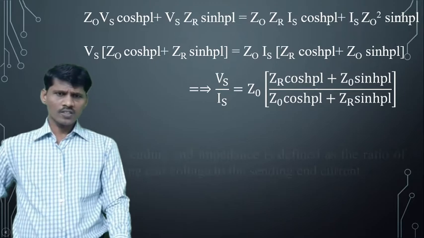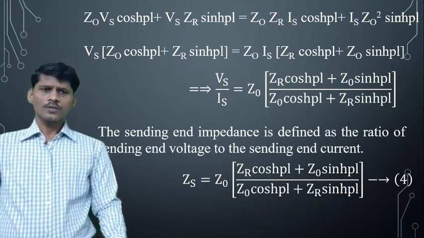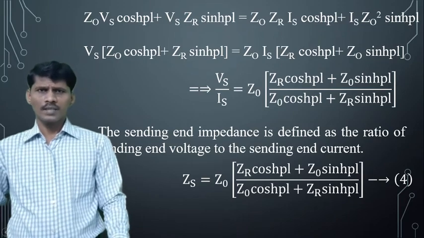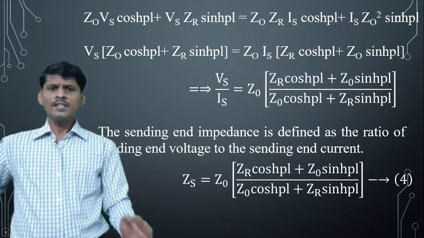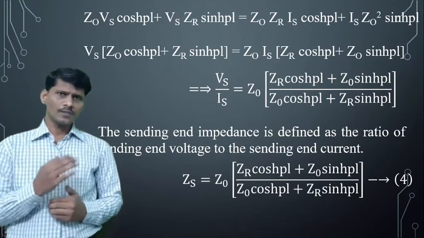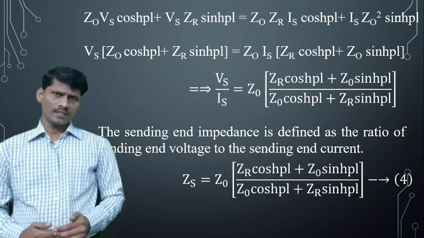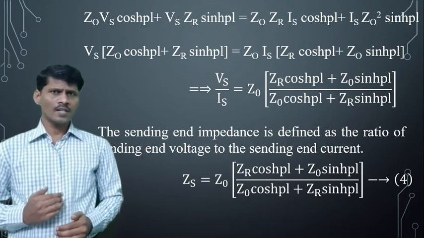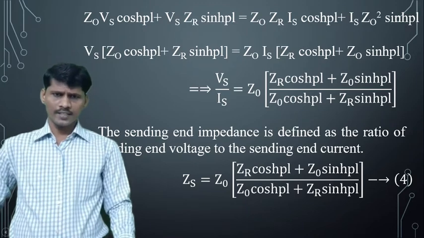Input impedance ZS equals Z0 into ZR cosh PL plus Z0 sinh PL by Z0 cosh PL plus ZR sinh PL. Sending end input impedance is defined as the ratio of the sending end voltage to the sending end current, Vs by Is.